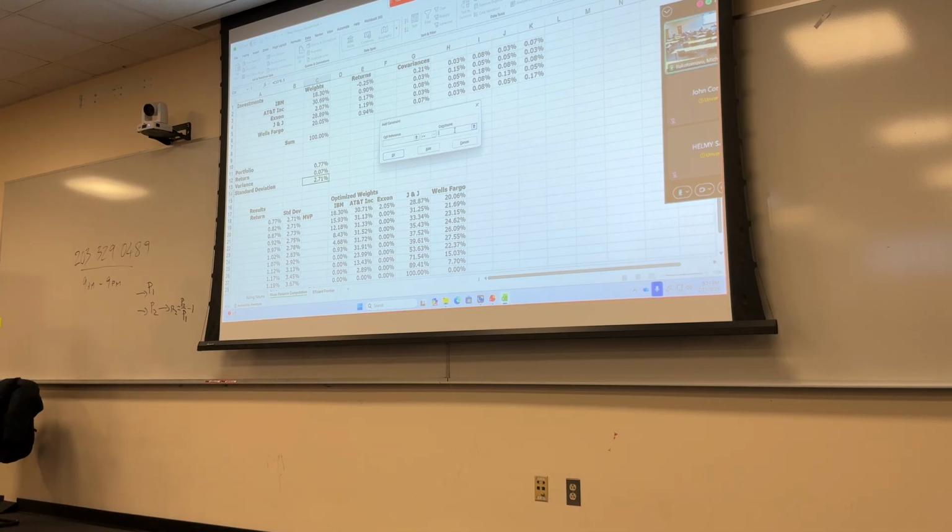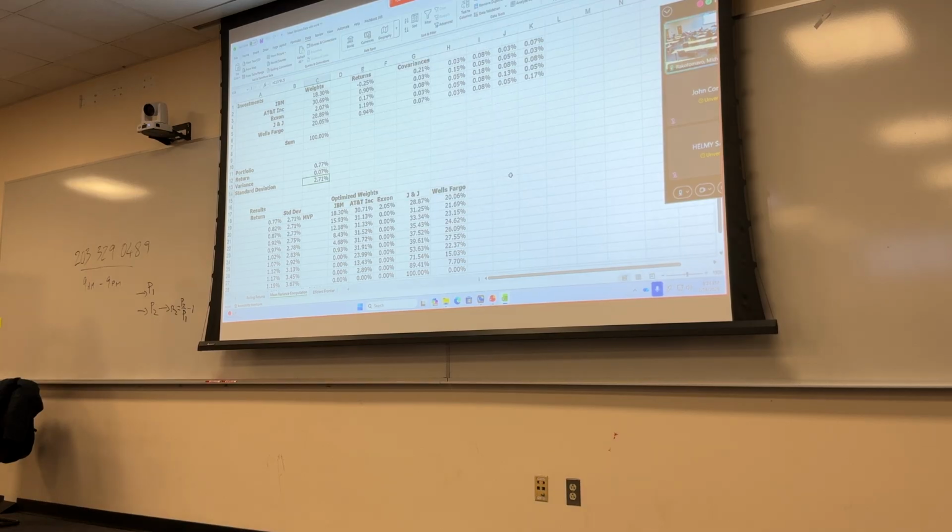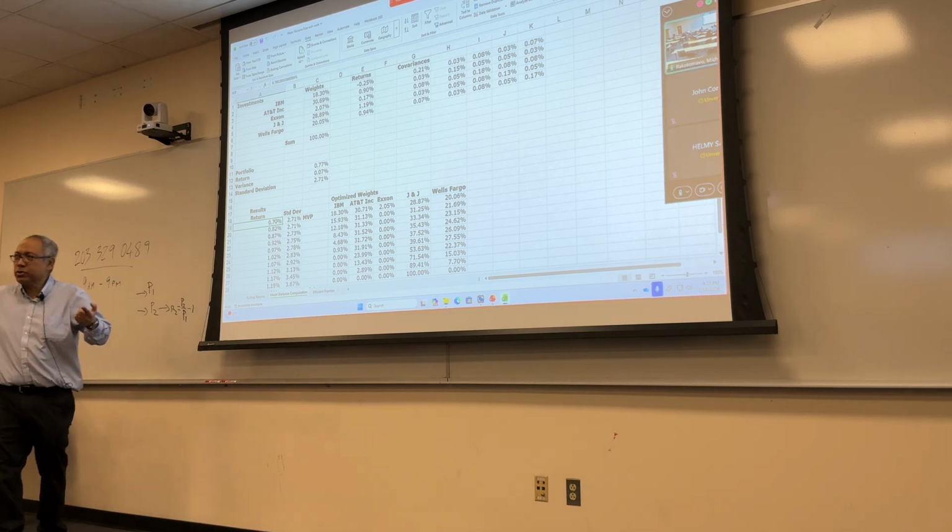So any questions on the setup for Solver or the concept of MVP? Now, here's the next step. We know this is the smallest return we should be targeting. Again, remember something I mentioned earlier.